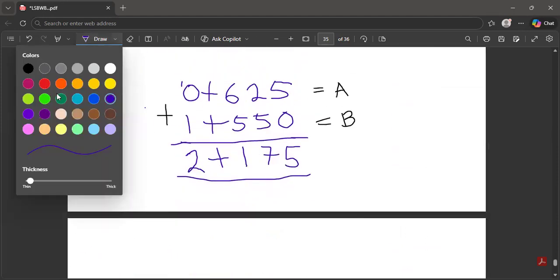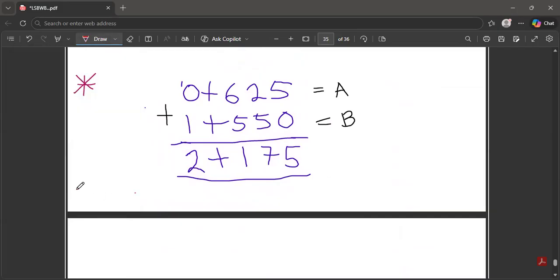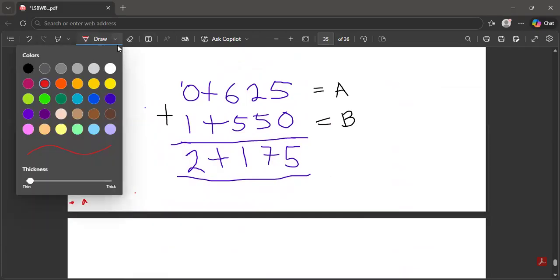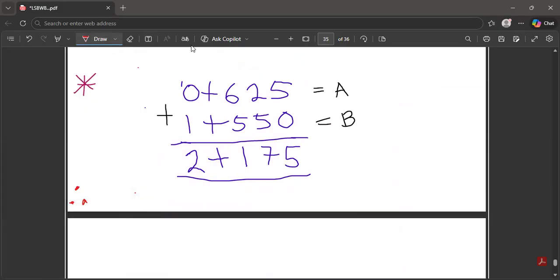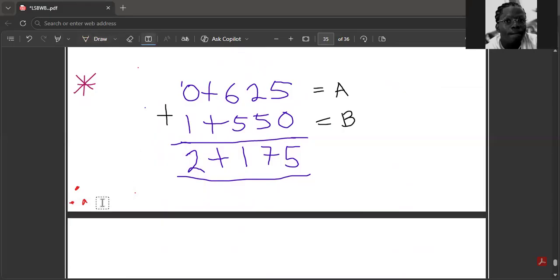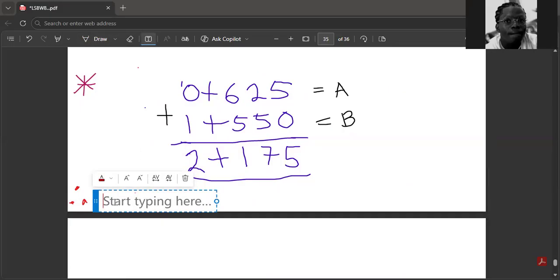Therefore, the station of point B is 2 plus 175.